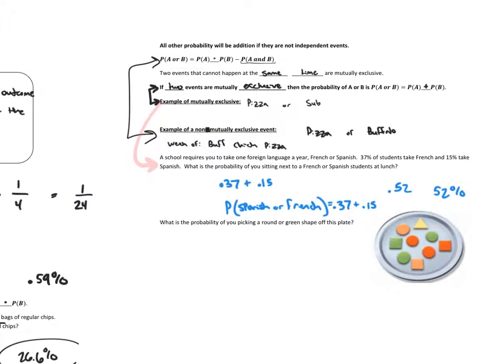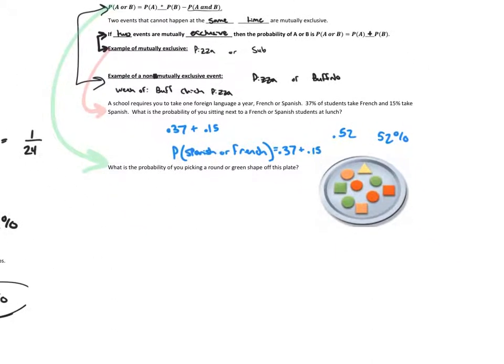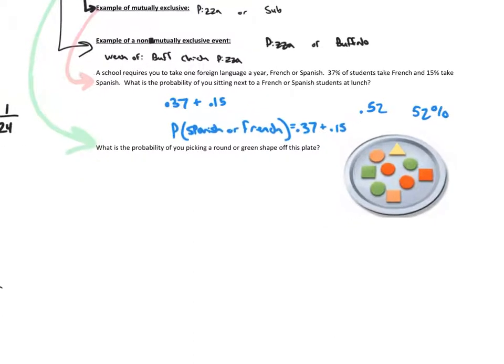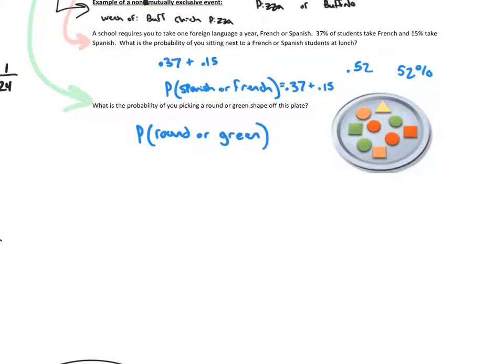So let's look at one that's now going to be non-mutually exclusive. What's the probability of you picking a round or green shape off of this plate? So we want the probability of a round or green shape. Here's what we're going to have to do. We're going to first need to find the probability of round.